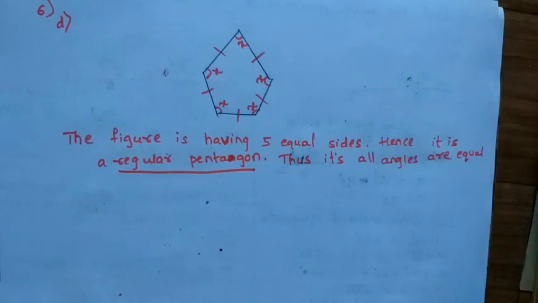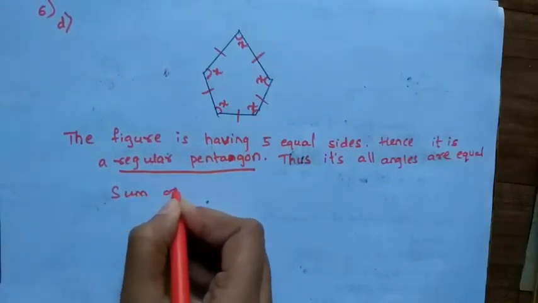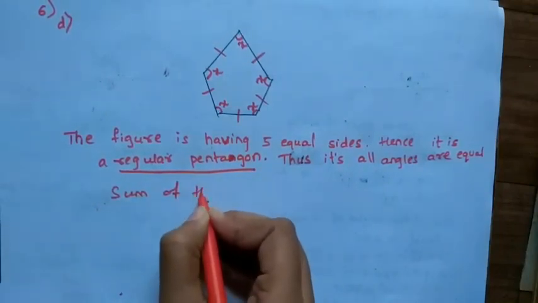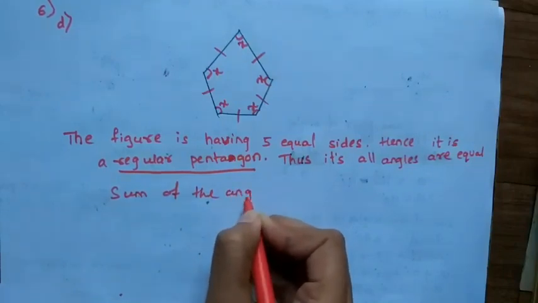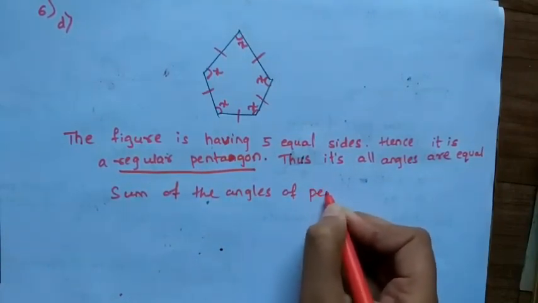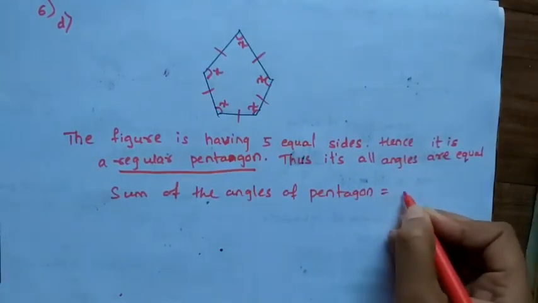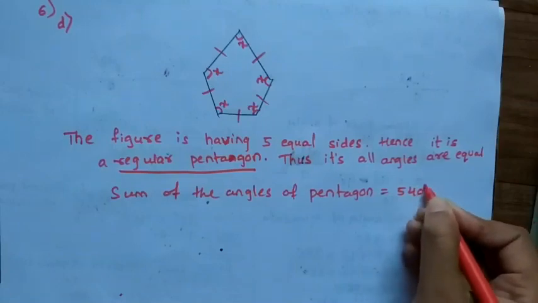So, already we know the sum of the angles of a pentagon. How much is it? The sum of the angles of a pentagon is equal to 540 degrees.